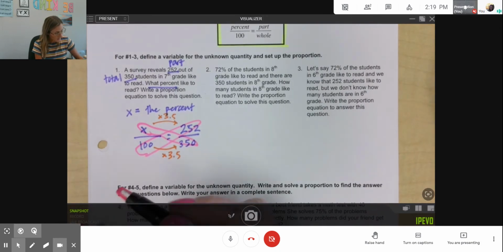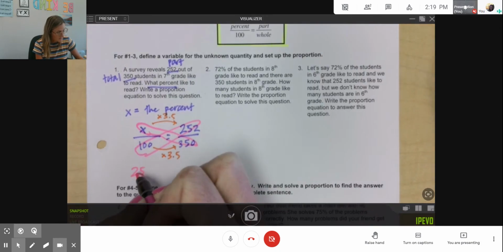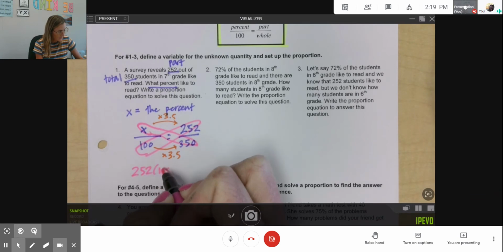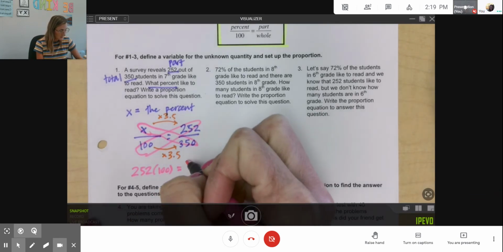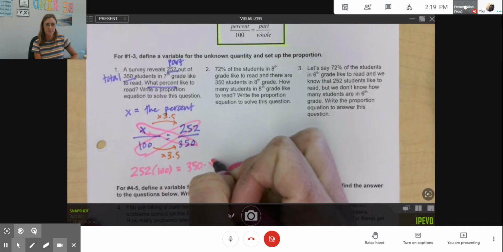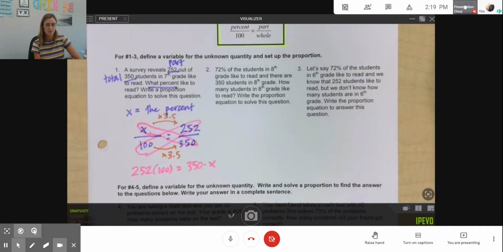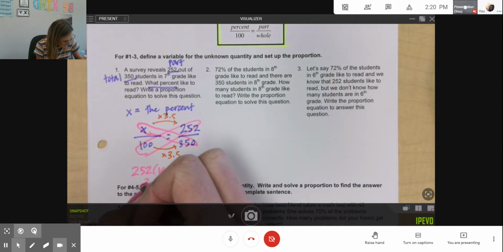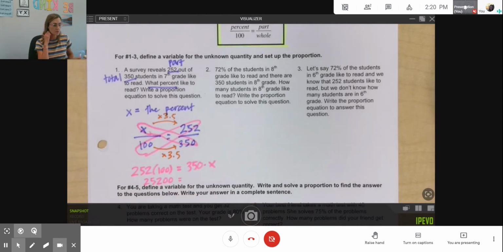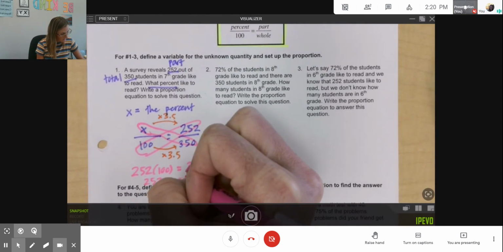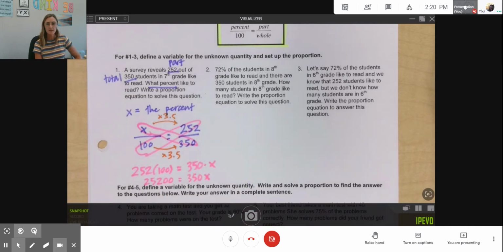So this means that I would multiply 252 by 100 and set that equal to X times 350. So 252 times 100 is 25,200, so 25,200 equals 350 times X. And then on both sides, I could divide by 350.